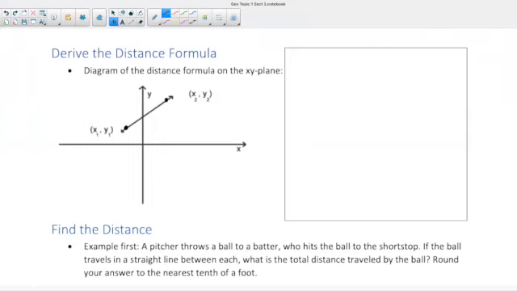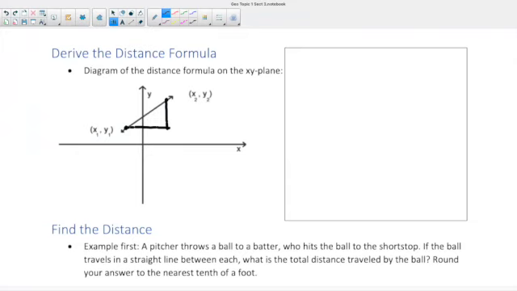How could we find this diagonal distance? Well, if we make a triangle here, and we knew the sides of the triangle, then we could figure out the diagonal.